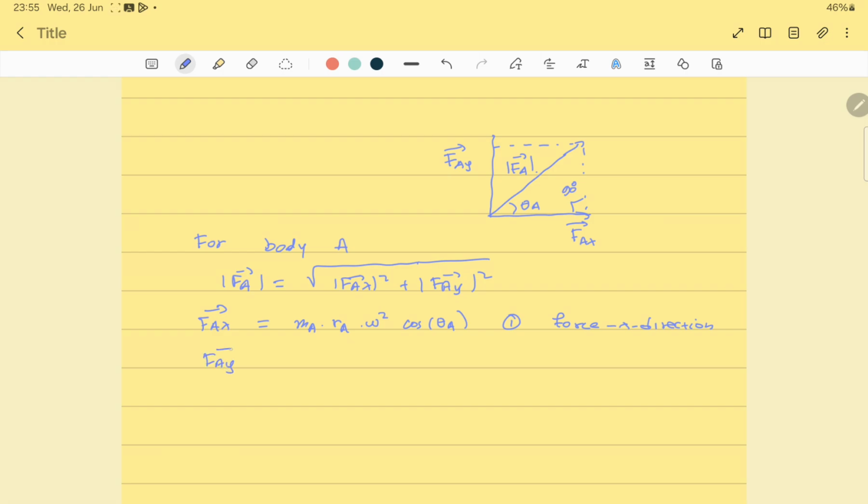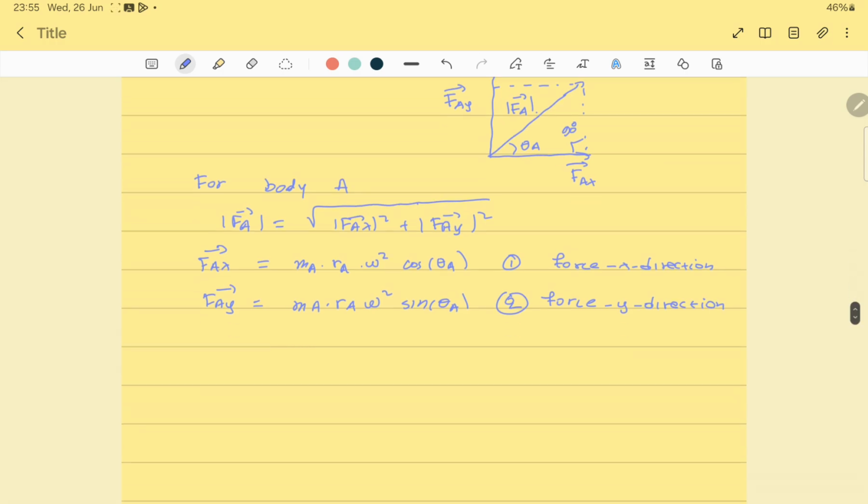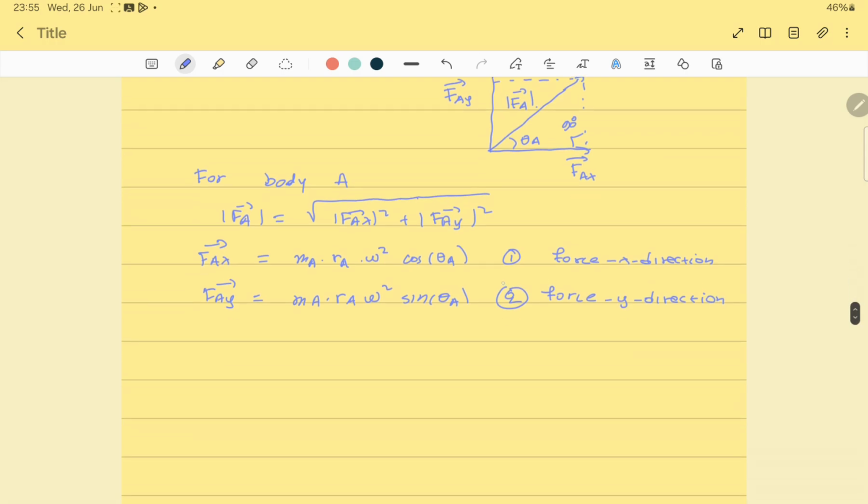And FAY equals MA times RA omega squared sine theta A. This is the force in Y direction. So I denote these formulas here, 1 and 2, because I will use them later on.